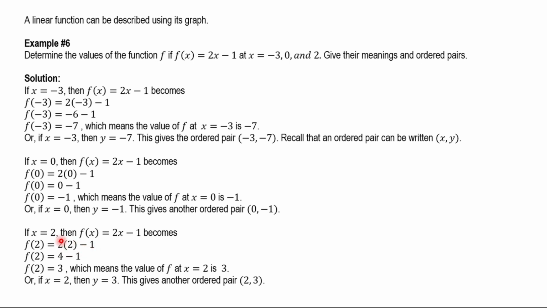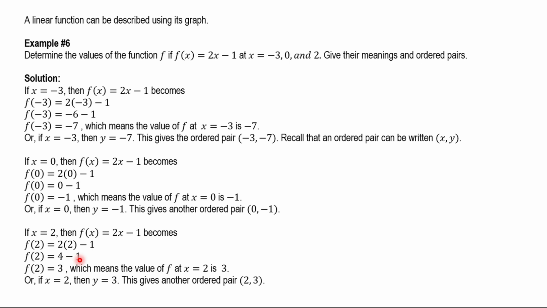Again, it's a matter of substitution. Our x which is 2, we substitute here in x. So it becomes f of 2, then 2 times 2, substituting 2 for x. So it becomes 2 times 2 minus 1. So that is f of 2 equals 4 minus 1. So our f of 2 now equals 3.